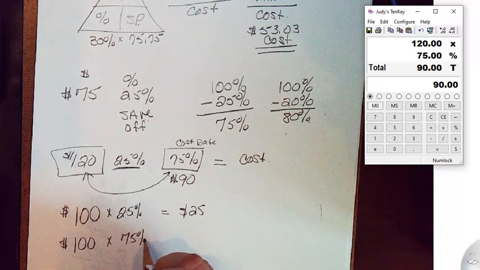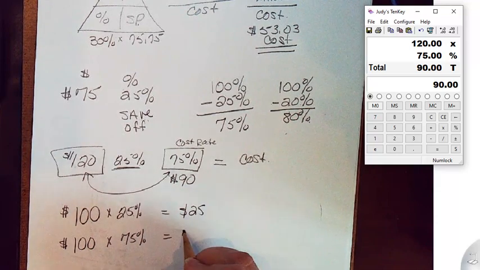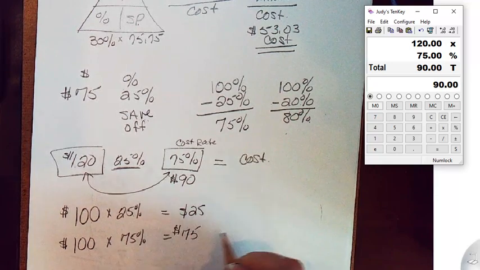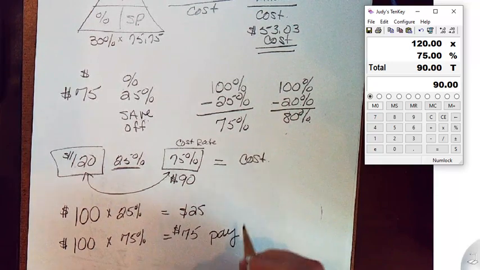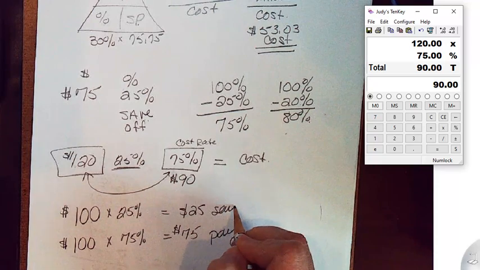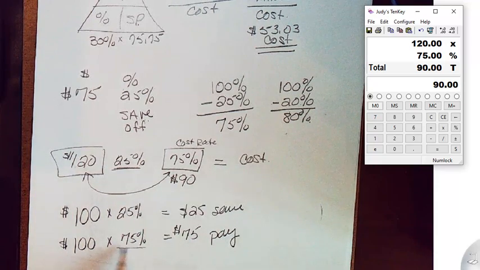I'm going to pay $75. So I can work it either way in my head. It's easier to subtract from 100 in your head than to then take your savings and subtract from the amount. It's just easier to do in your head. And when you're shopping, you just round.